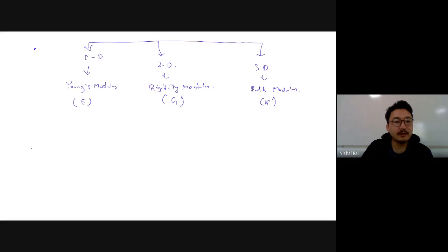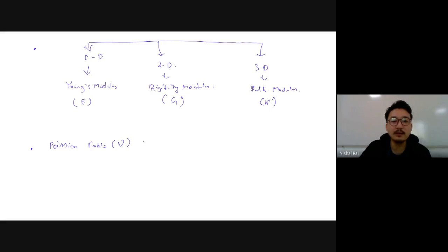Another thing we started was Poisson's ratio, which is given by nu, which was basically what? Your lateral strain by longitudinal strain. Because when we apply a force, there is a deformation both in your radius and in length.